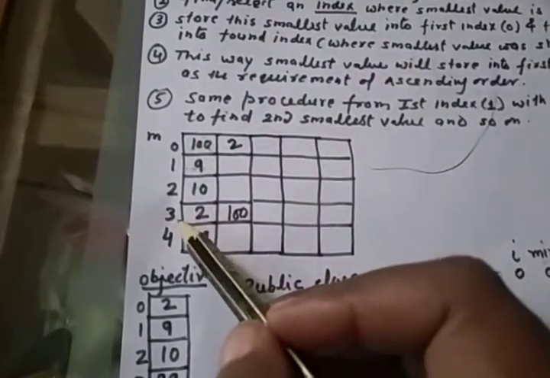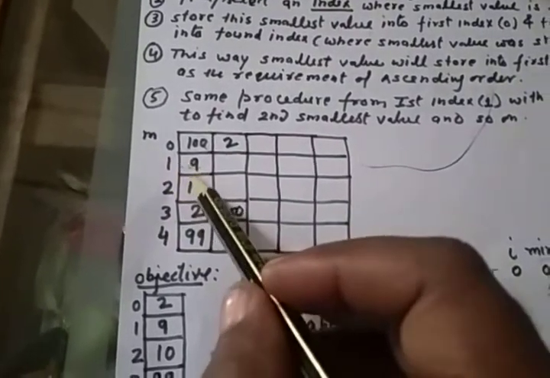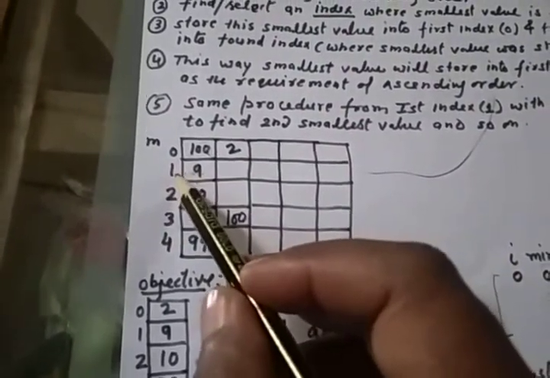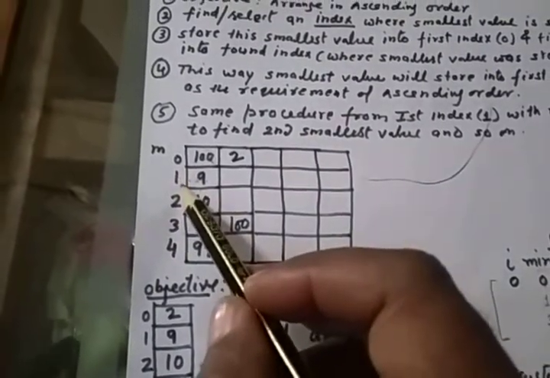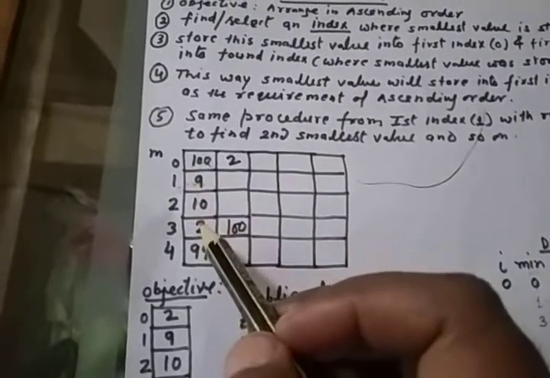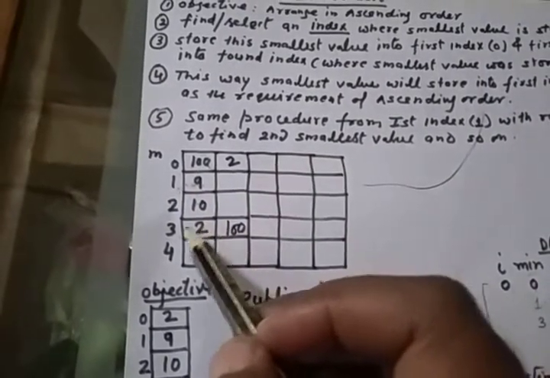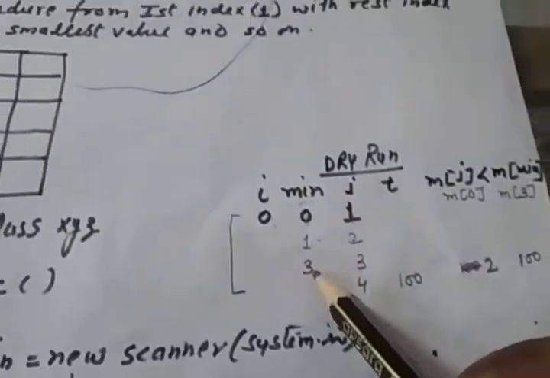Next, m[3] less than m[min]. The value of min is 1. Is m[3] smaller than m[1]? Yes. If we get a smaller value, that index should be stored in min. So in min we will have 3.